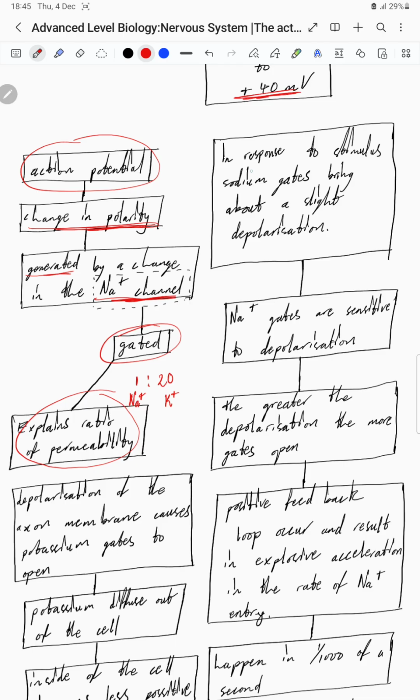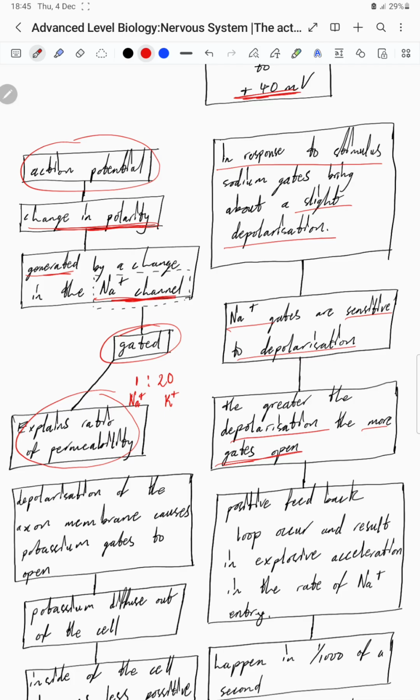So in response to a stimulus, sodium gates bring about a slight depolarization. Sodium gates are sensitive to the depolarization, so the greater the depolarization, the more the gates open.